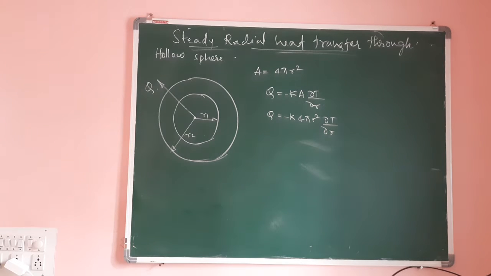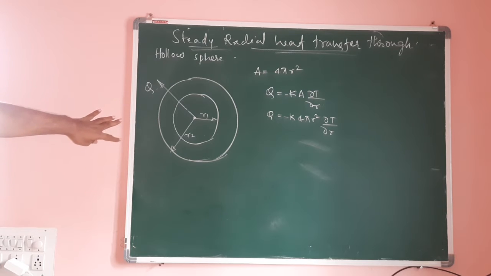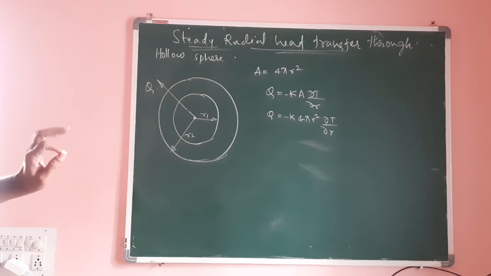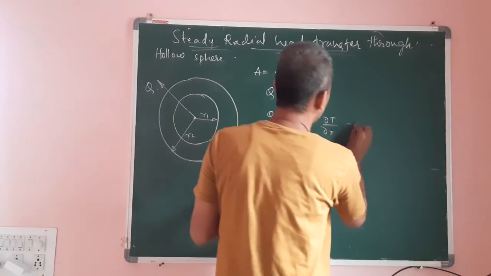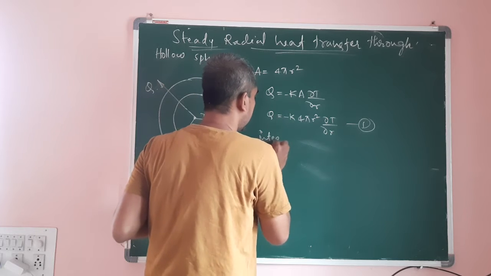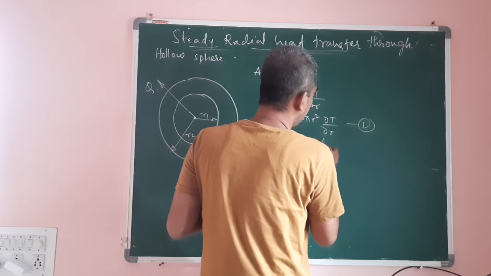What I will do is, suppose we calculate heat transfer through this one. Let this be equation 1. Integrating the above equation between the limits r1 and r2.